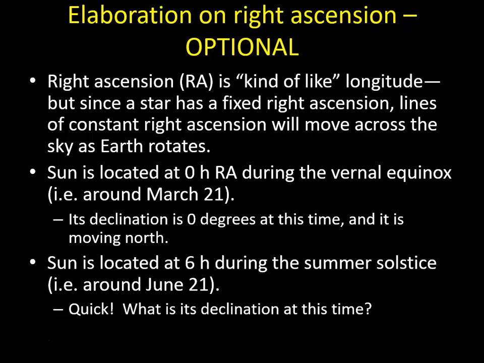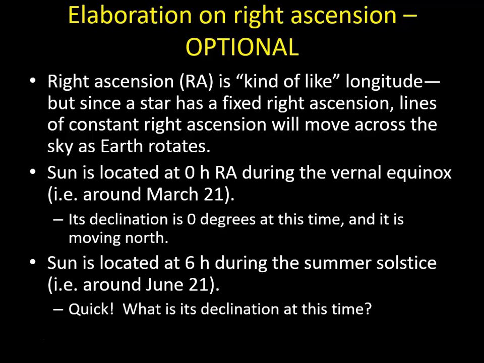The spot that we call a right ascension of 0 hours is the location on the celestial sphere where our sun appears to cross the celestial equator from south to north. So its declination during that time is also 0 degrees, because the celestial equator is the declination line of 0 degrees, directly above Earth's equator.